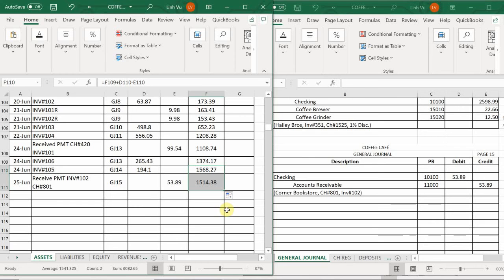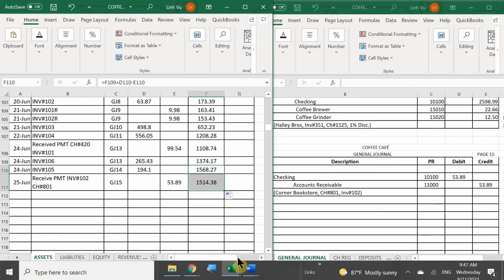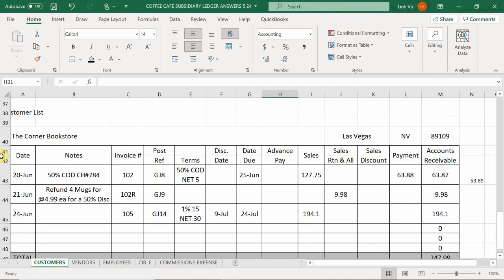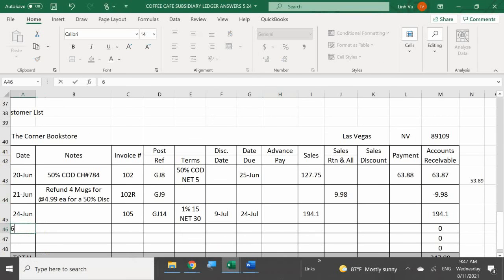And then we can go to our sub ledger. To the corner bookstore. Check 801 for invoice 102. General Journal 15.